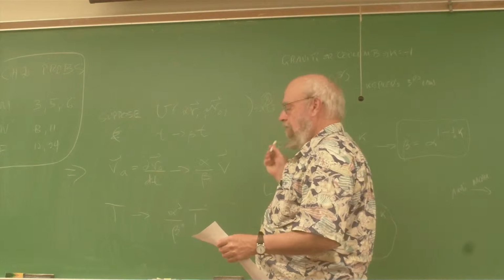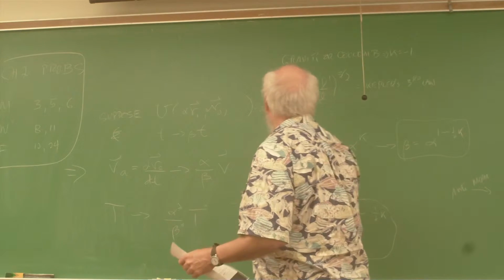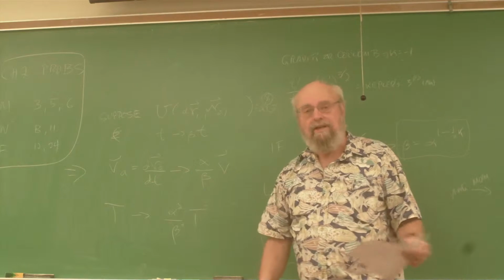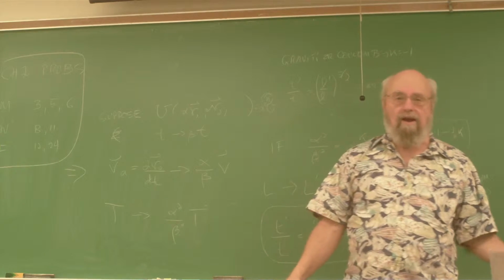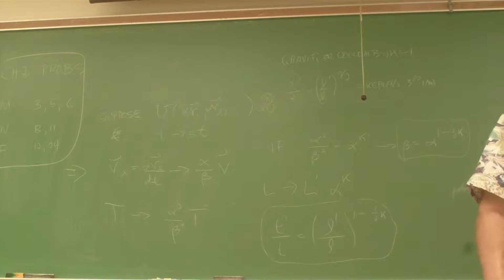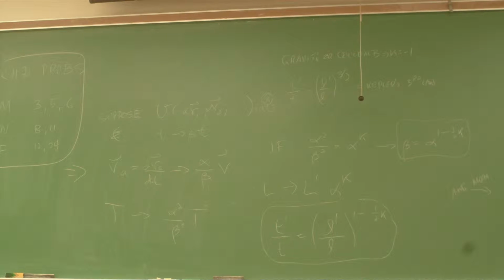So that says for K equal -1, the potential is going as 1 over R. That's right.